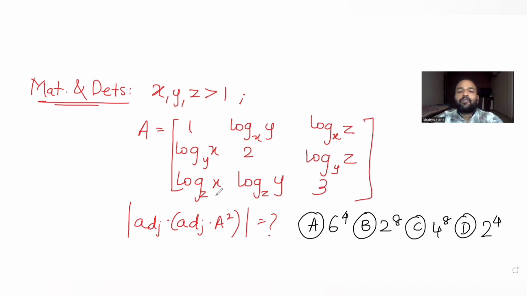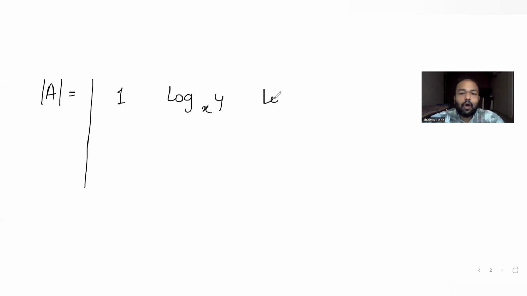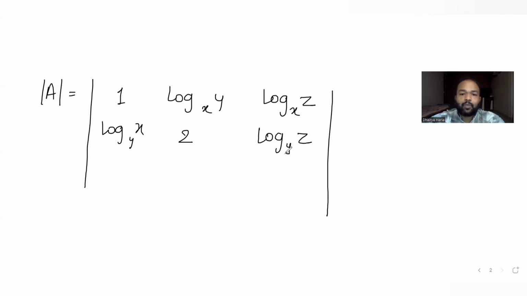Before that, first let's find the determinant of this entire thing. We are finding the determinant of 1, log y to the base x, log z to the base x; log x to the base y, 2, log z to the base y; log x to the base z, log y to the base z, and 3.